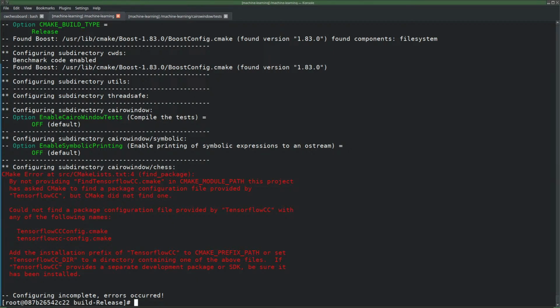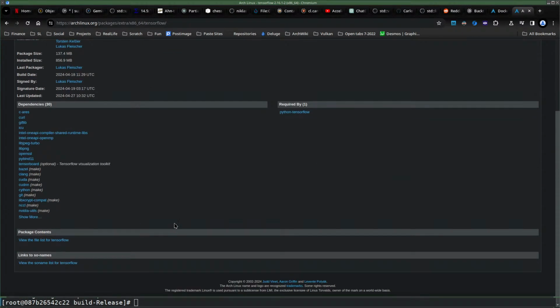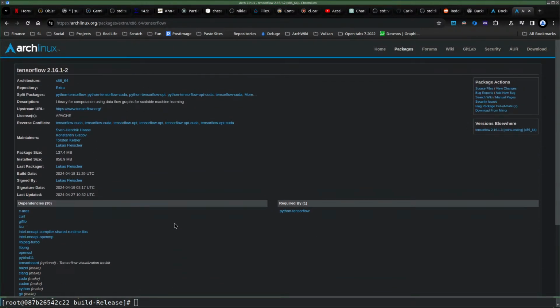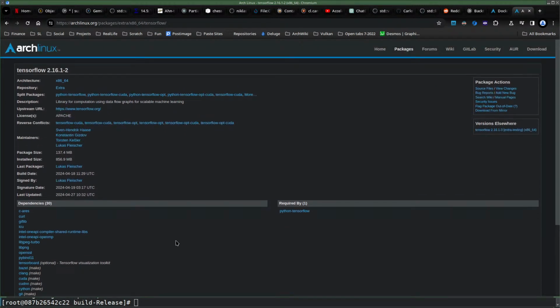TensorFlow CC still not there. That was not what I wanted to install.